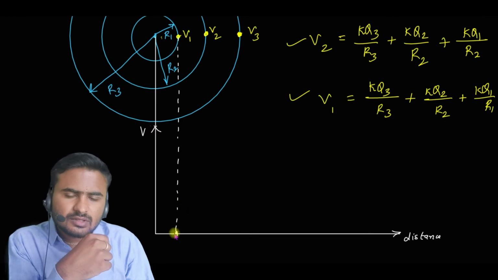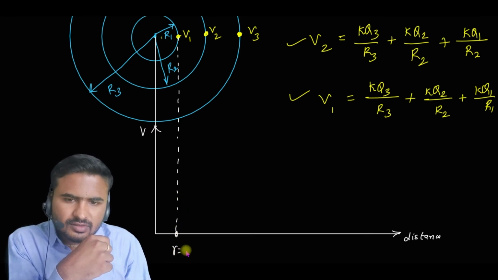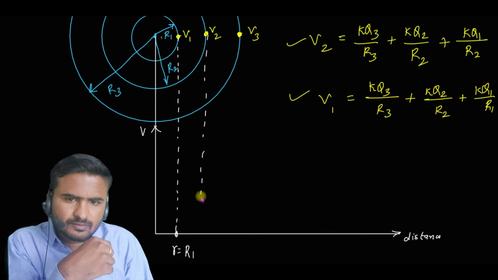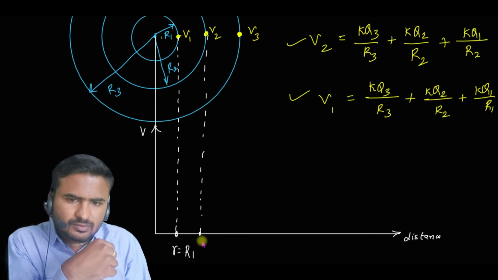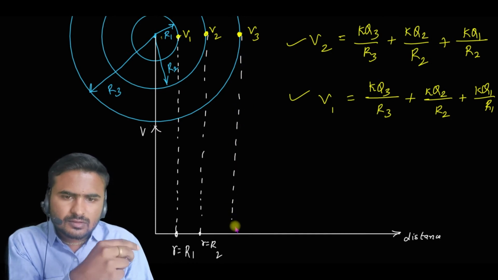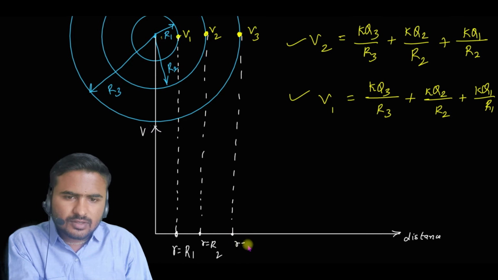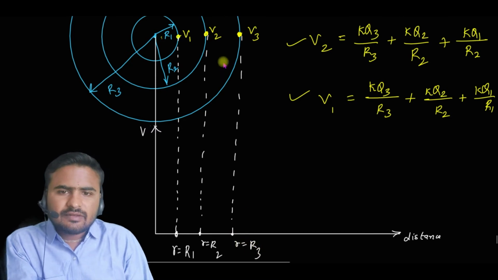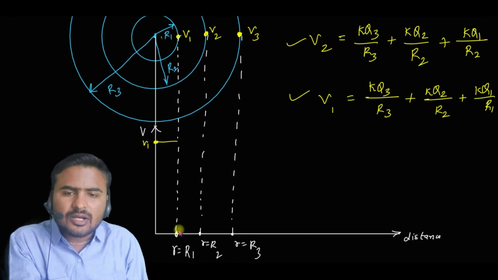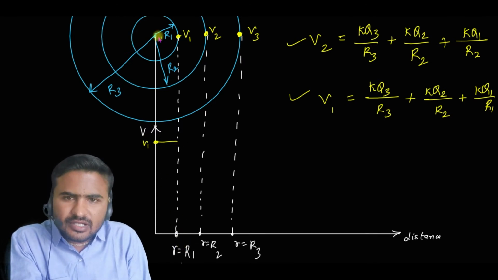Here small r is equal to r1, at this point small r is equal to r2, and here small r is equal to r3. Everywhere inside, the potential is V1 till r1. As you move from the center up to r1, the potential is V1 only.